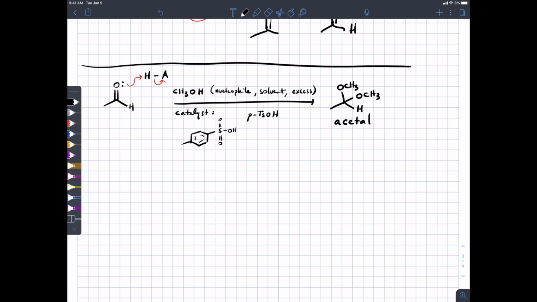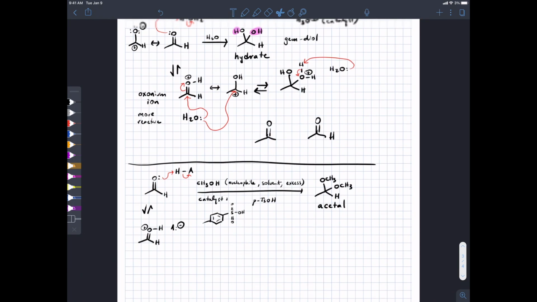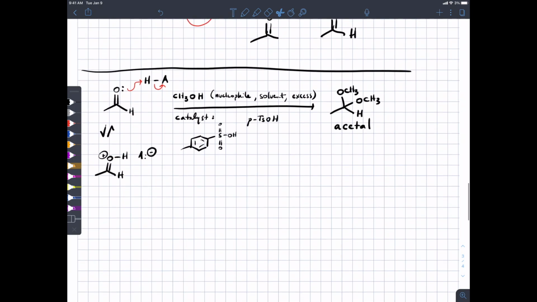So a reasonable first step is to protonate the carbonyl oxygen to get this oxonium ion. Another reason that is a reasonable first step is simply that this neutral alcohol, which we want to use as our nucleophile, is not reactive enough to attack the carbonyl carbon directly. We have to protonate it first to make it more reactive, just like we did above in hydrate formation. And at that point, the neutral alcohol can attack.